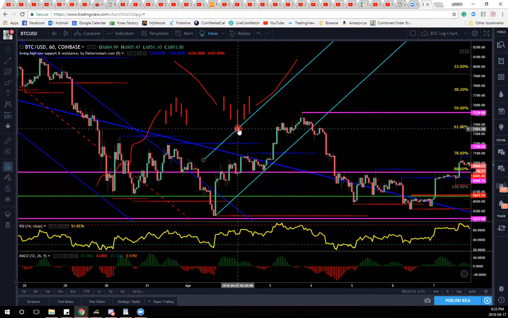You want to be as inclusive as possible to not get any fake breakouts, because if your lines are too tight and you don't use all the price action and you're really putting it closer than it needs to be, sometimes you're going to get what you think is a breakout and it's not going to be breaking out, and you're going to take a lot of losing trades because of that.